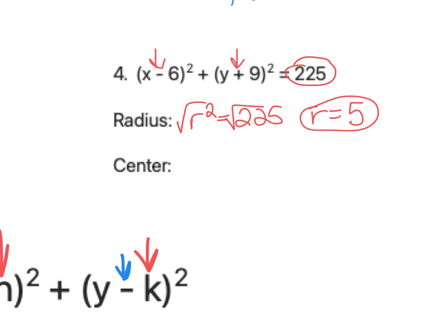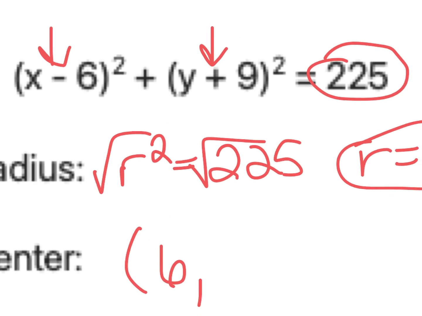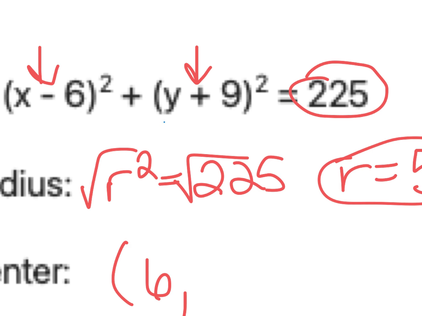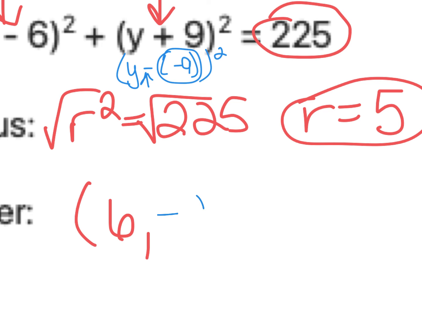The subtraction sign is part of our formula, which means our x value of our center is going to be positive 6. And y plus 9, if we're not sure, we can remember a rule that these signs are always going to be opposite, or we could say y minus negative 9 squared. So now we have a subtraction sign that's part of our formula, just like we like, and our y value of our center is going to be negative 9.